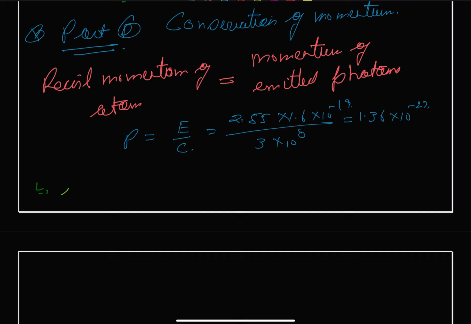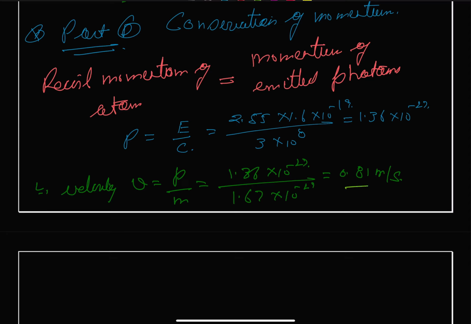So we can say our velocity V will be equal to momentum divided by mass, and this comes as 1.36 into 10 to the power minus 27 divided by the mass, 1.67 into 10 to the power minus 27. So velocity comes approximately as 0.81 meter per second.